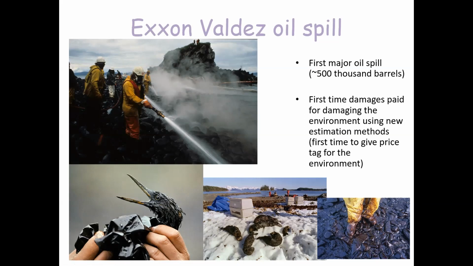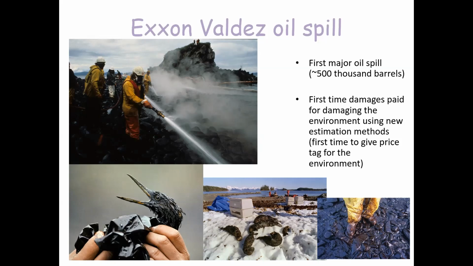The first big oil spill was by the Exxon Valdez. It was a big ship that was grounded, and lots of water was contaminated accordingly. It's an important event because this is the first time there was global attention to an oil spill, which never happened before.